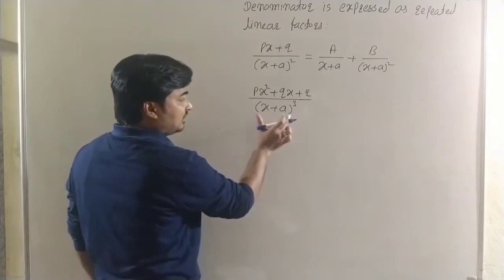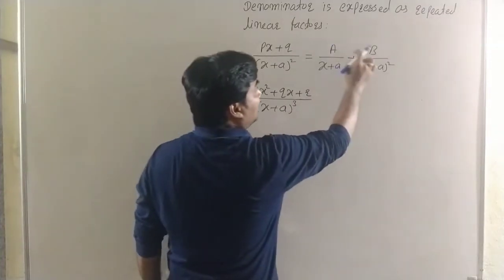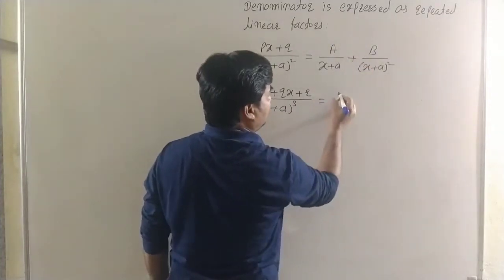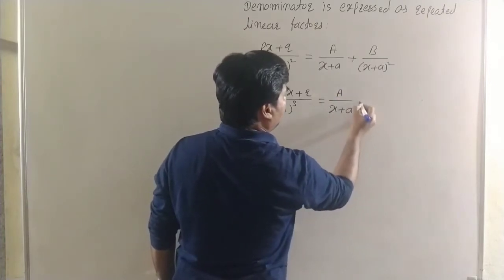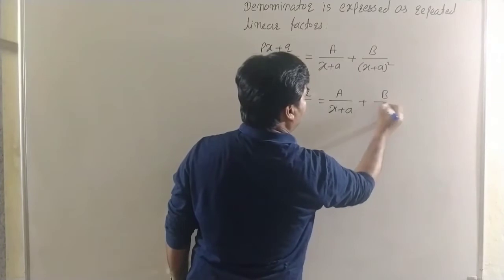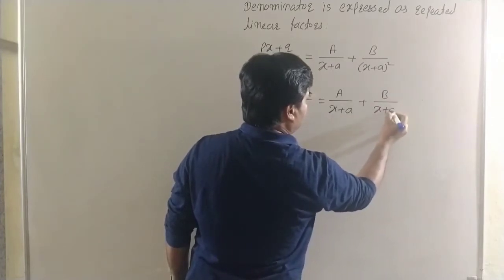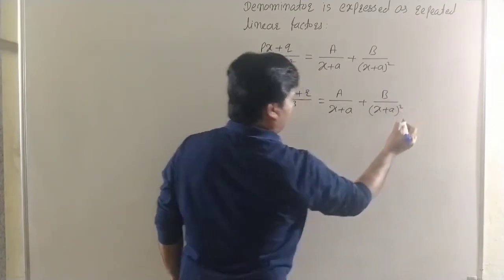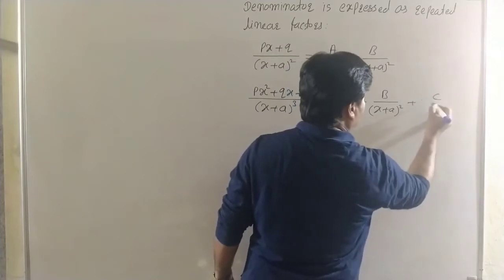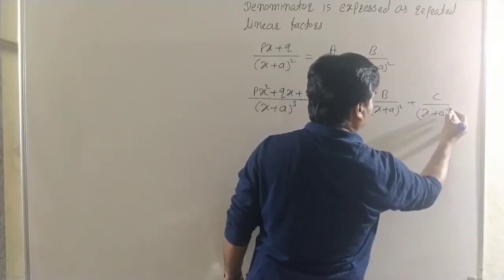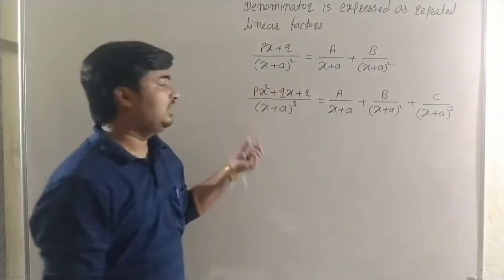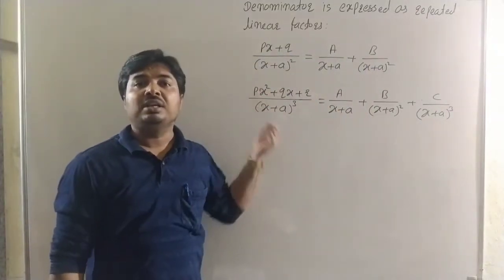Here there are 3 linear factors, so we get 3 constants, A, B and C. It is capital A upon x plus a plus capital B upon x plus a square plus C upon x plus a cube, when there are 3 repeated linear factors.